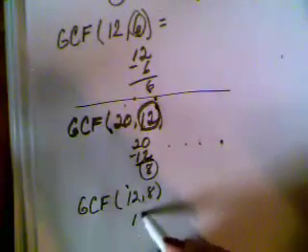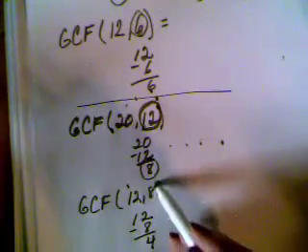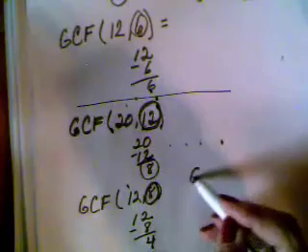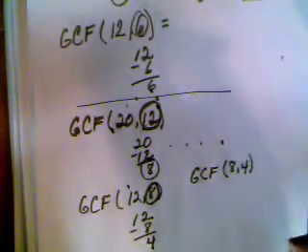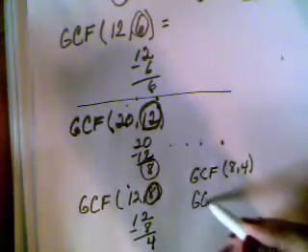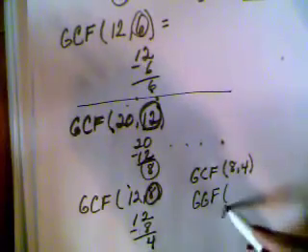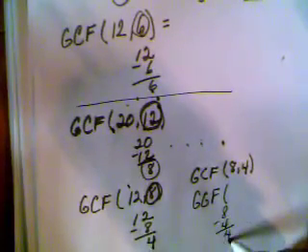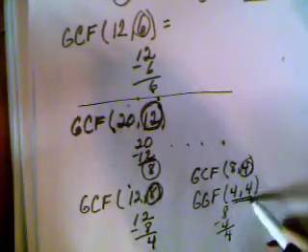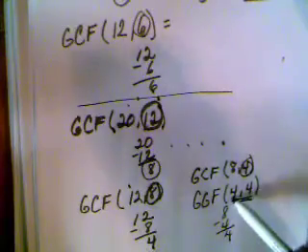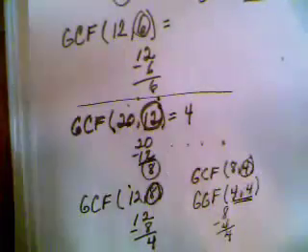I'll subtract. I'll take the smaller of the two and the difference. Now I'll take the difference, use the smaller of the two and the difference, and as soon as I get the same, then I know the GCF of 20 and 12 is 4.